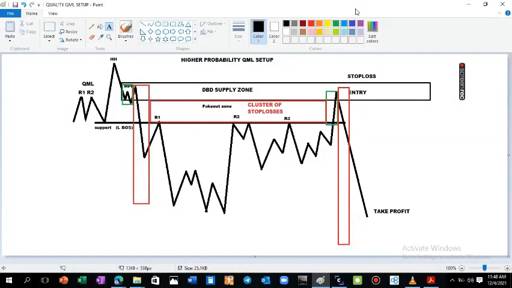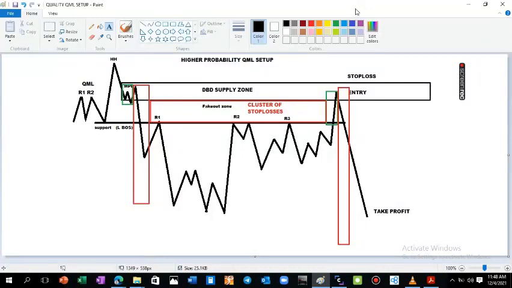Alright, so I want to talk about what I consider a perfect QML setup, the one that has got a higher probability of working. Yes, a QML setup, a QM strategy, is actually very profitable, but you can also encounter some losses as well.